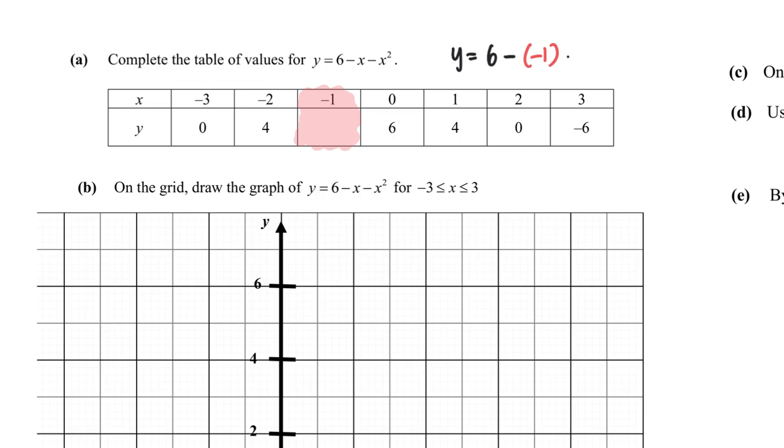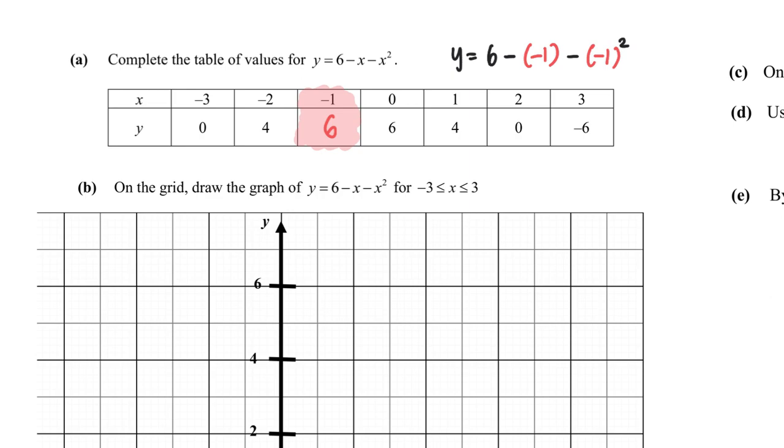Do notice that Mr. Tan actually put a bracket, and after which we just need to make use of our calculator. This should give us 6. And we are done with part A.